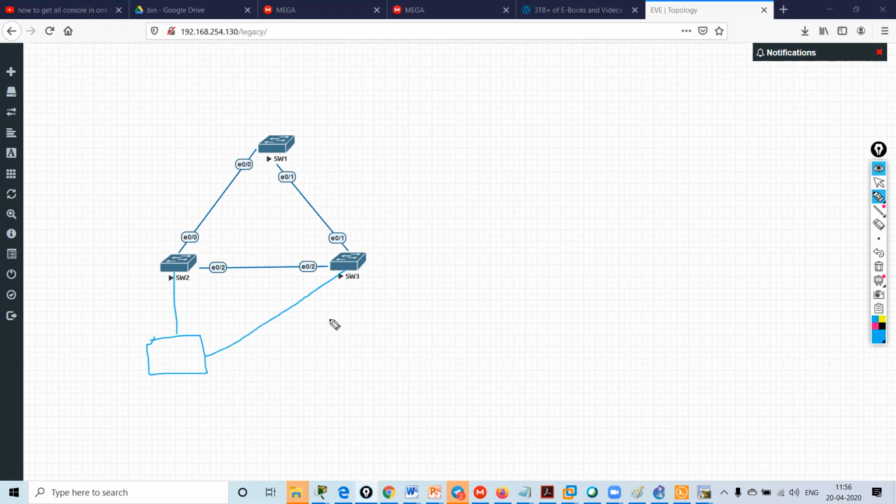Yes, sir. So which is the blocking port in this? One of the ports will be the blocking port. This port will be blocking because I'm getting a loop over here. So this port will be my blocking port for switch 4.